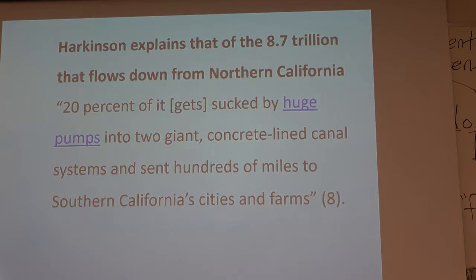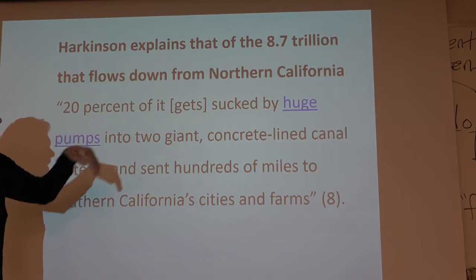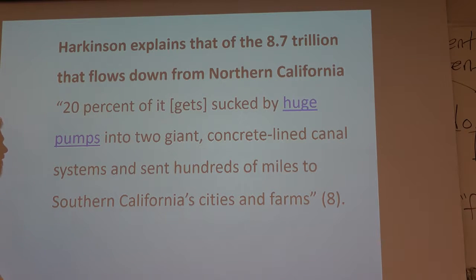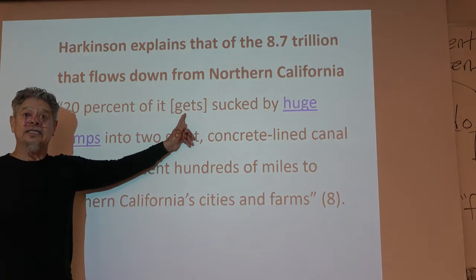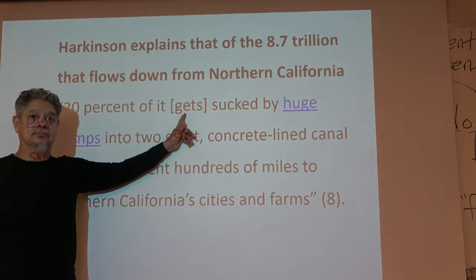I could have put "will get sucked." It seems to work, huh? But I put "gets." Active, present tense. 20% "gets sucked by huge pumps into two giant concrete-lined canal systems and sent hundreds of miles to Southern California cities and farms." Okay? So I decided to change "will get" to "gets."